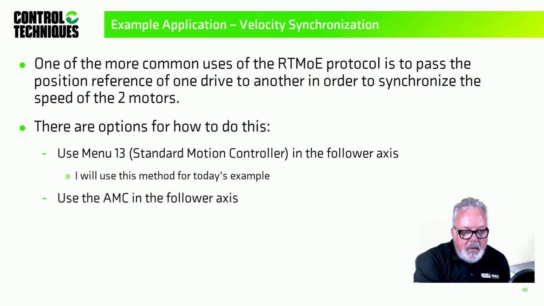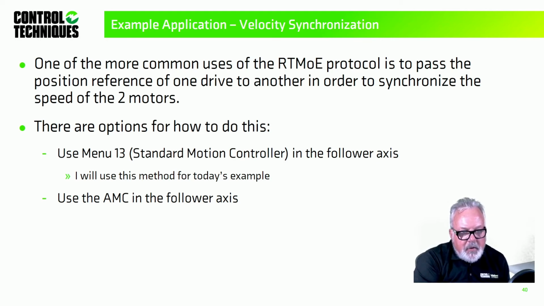Well, that method is fraught with potential for disaster. You end up losing pulses, gaining pulses, noise, cabling, all that sort of stuff. Using RTMoE, we can pass that signal at very high speed using our RTMoE protocol over Ethernet. So that's what I'm going to demonstrate today.